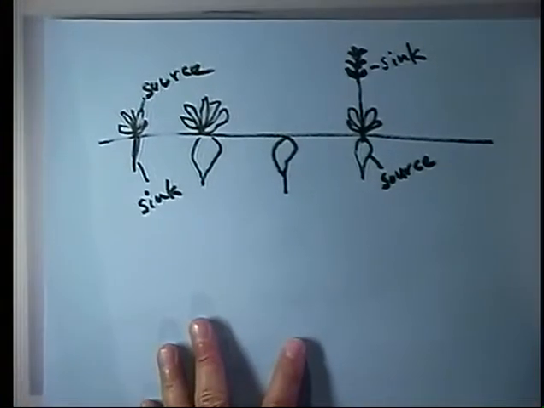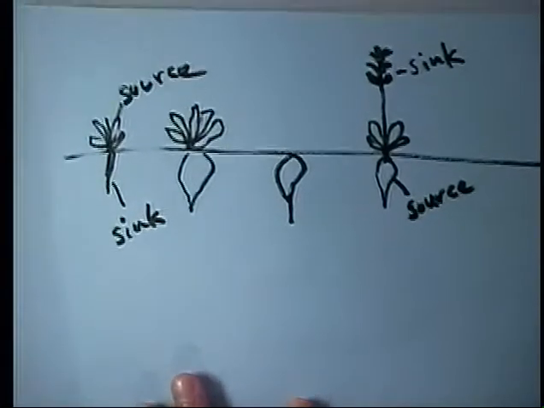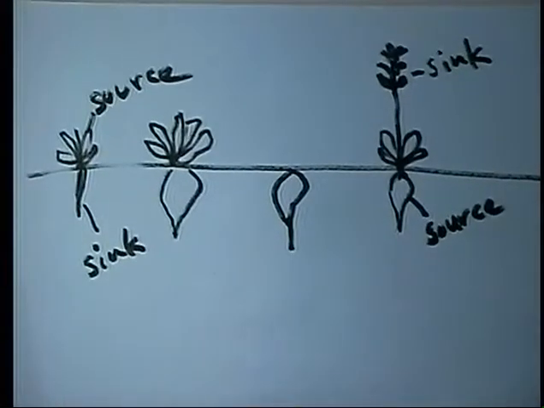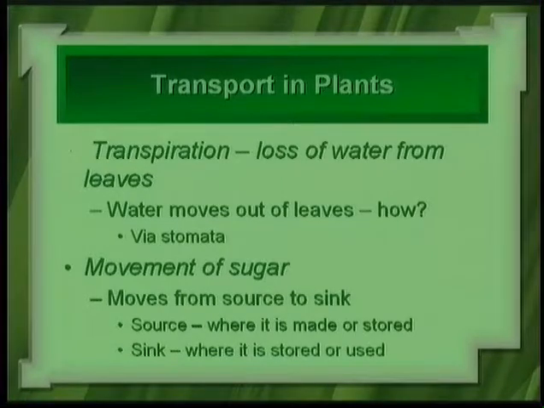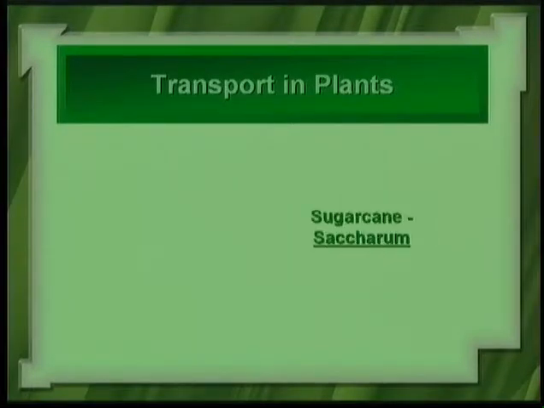This is what happens in the case of a biennial plant. Generally the movement of sugar goes from a source, where the sugar is either made or stored, depending on where the plant is in its life cycle, to the sink, where the sugar is either stored or used. Okay, very good.